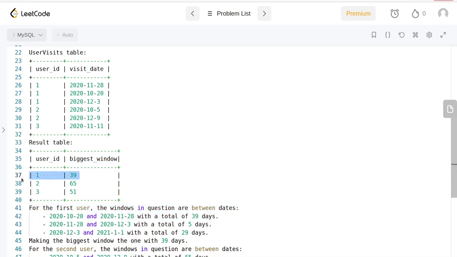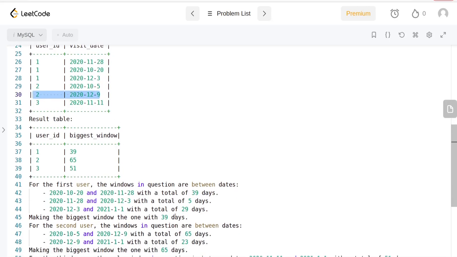So we output that. In the next case, he visited the first time on October 5th, and then he visited on December 9th. That one is 65 days.